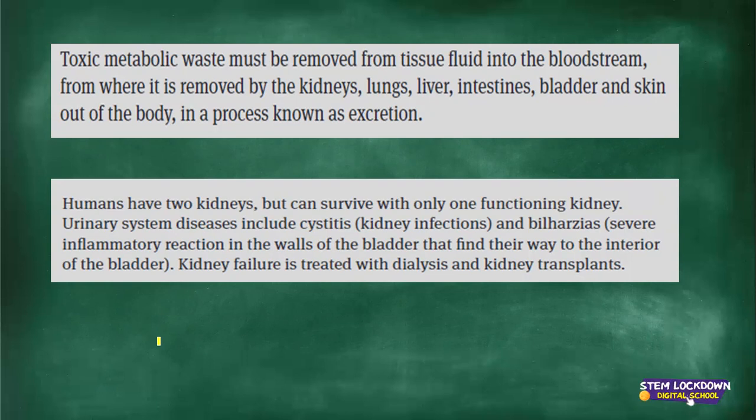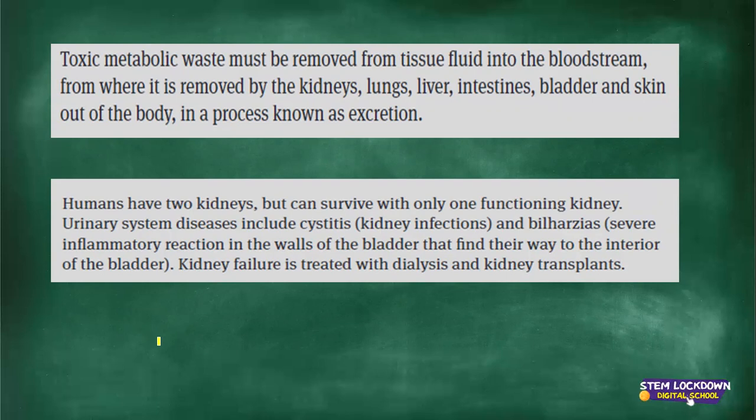Human beings have two kidneys. We know that you have two kidneys, your left kidney and your right kidney. But it is important to know that you can survive with only one functioning kidney. That's why when someone close to you needs a kidney, you would go and donate a kidney to that person, so that they survive, because you can actually survive with only one.